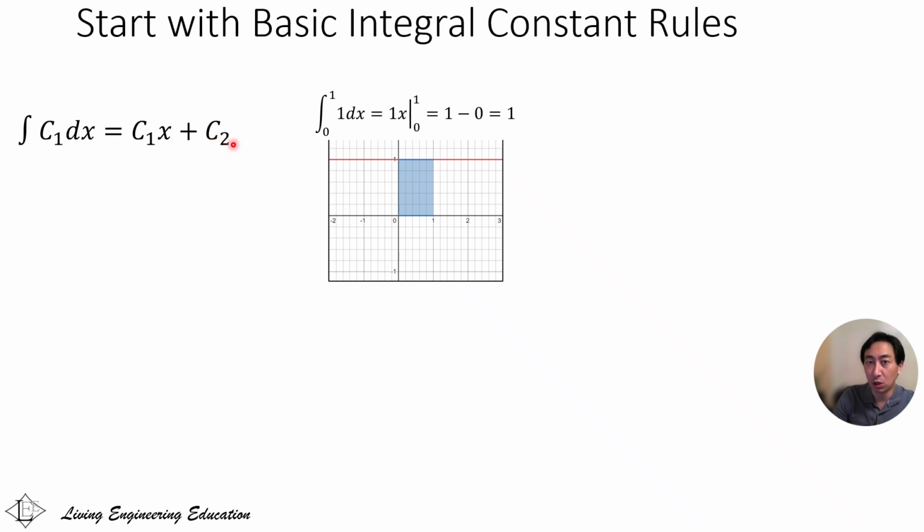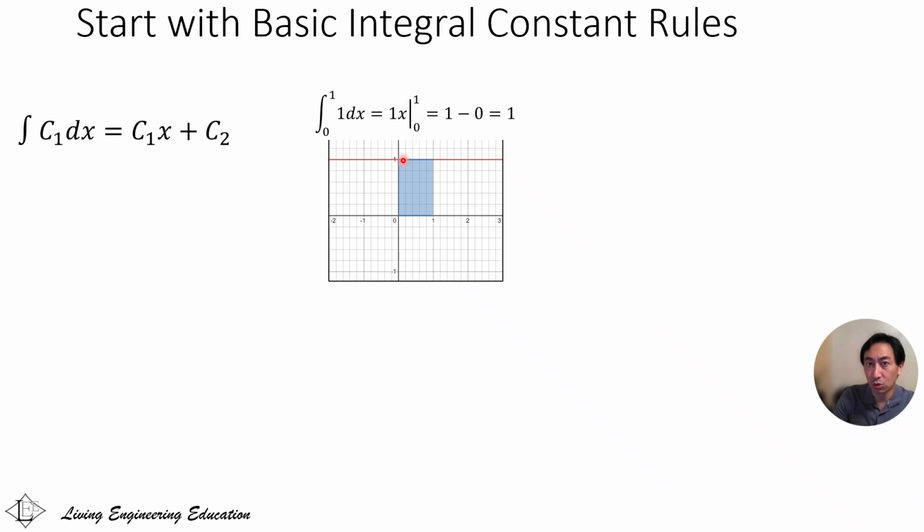Because even if you included it, when you take the upper and lower limits into account, it would drop off, right? It's an offset, so it's going to drop out. So we just take into account this term. So it'll be the constant times x. So 1 times x from the lower limit 0 to 1.